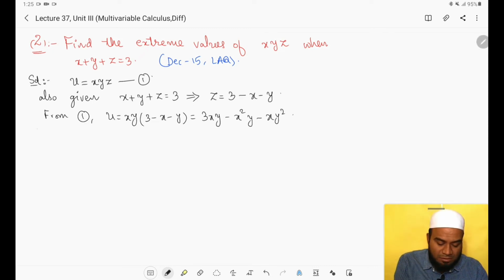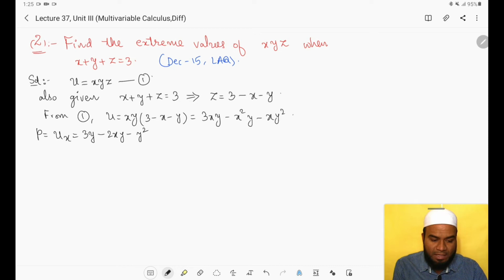According to the procedure, first we have to find p, which is ux, that is the partial derivative of u with respect to x. What we will get? Derivative of 3xy with respect to x is 3y, minus derivative of x square y, which is 2xy, minus derivative of xy square, which is y square.